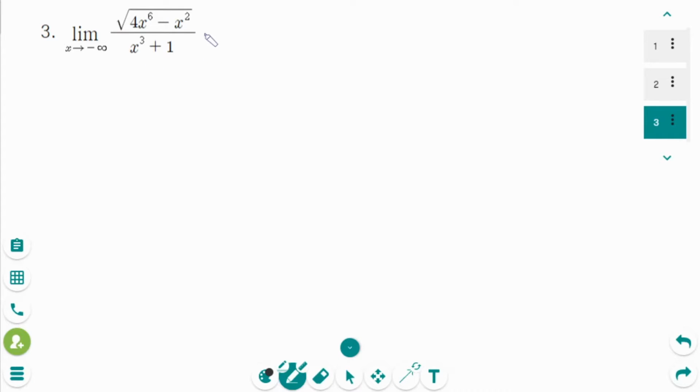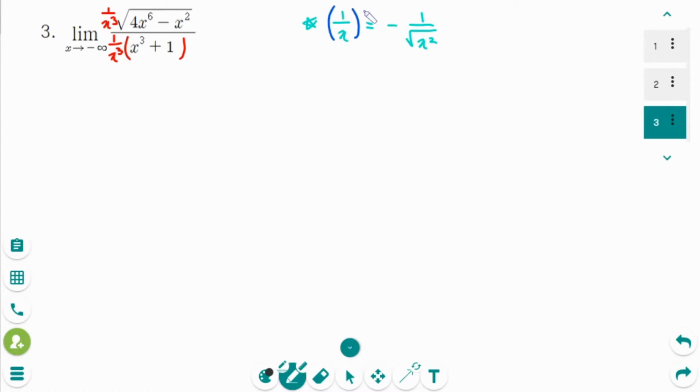This is the next question. It is similar to question 2, except x approaches minus infinity. So divide each side by x cubed. So times 1 over x cubed, like this. Remember that 1 over x equals minus 1 over square root of x squared.